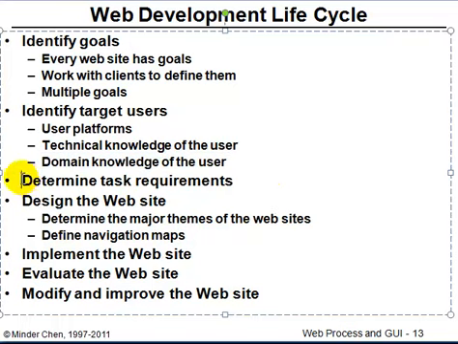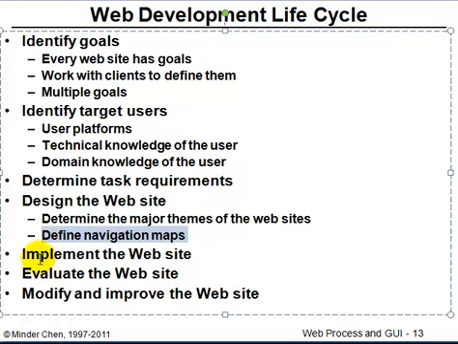You want to define and determine the task requirements, what tasks the user has to go through to, for instance, purchase a product from your website and check out by paying by credit card. And you want to design the website and determine the major themes for the site, and define the navigation map, which we'll describe in detail later.